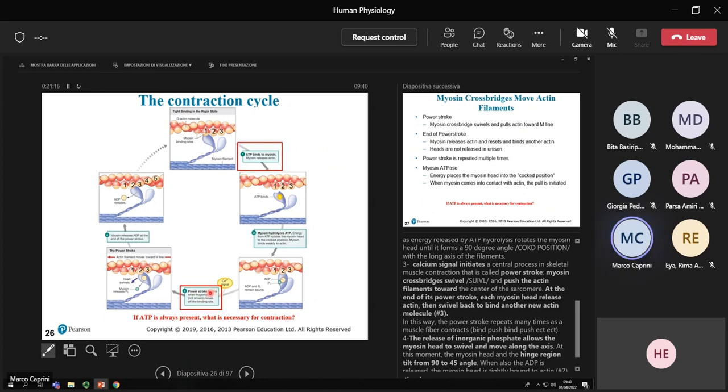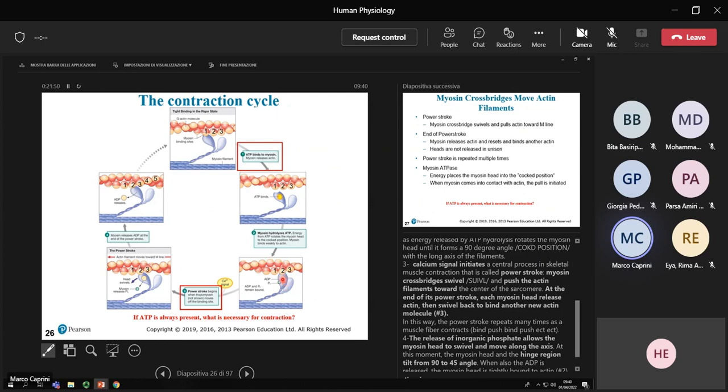So the myosin cross bridges in position 2 swivel and push the actin filaments toward the center of the sarcomere, like a stroke, a movement of the actin filament to the middle of the sarcomere.